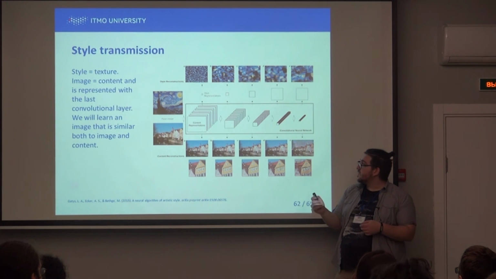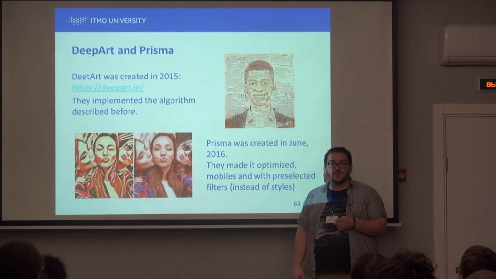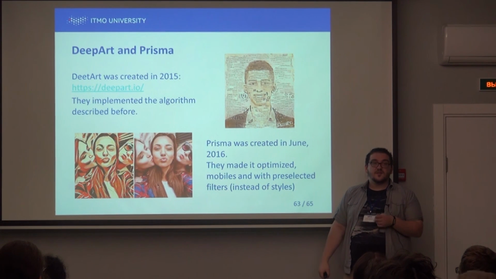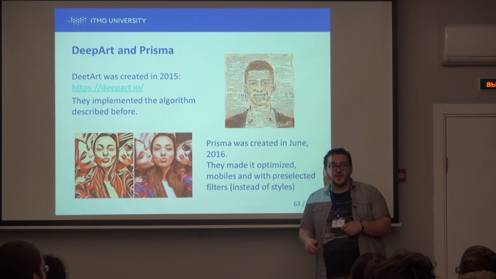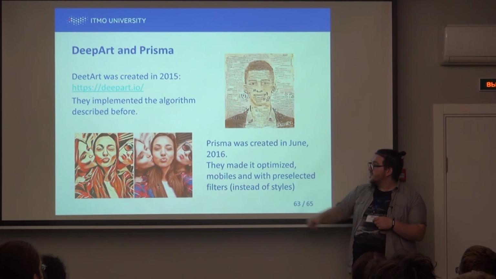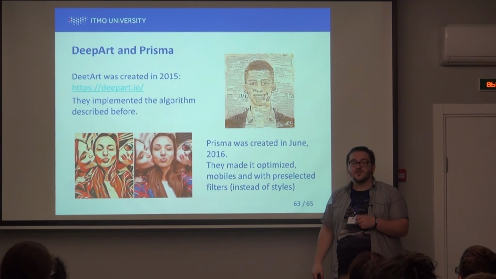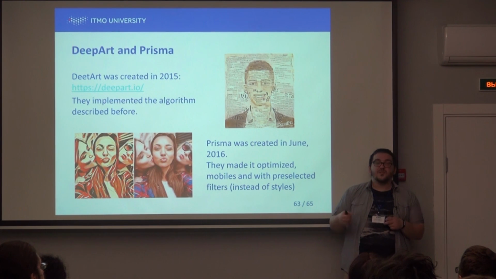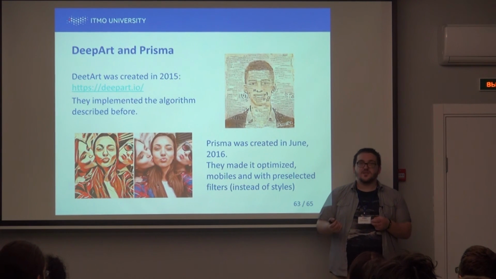So that is the network which was used for deep art. You may have heard about this. You just load a picture and another picture, and it mixes the pictures. And Prisma, which was founded in 2016, used this algorithm to build a mobile application. It was really optimized, so it can do all these translations online on your mobile phone.